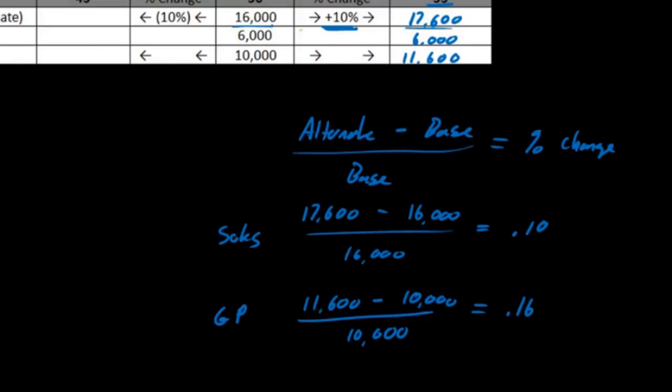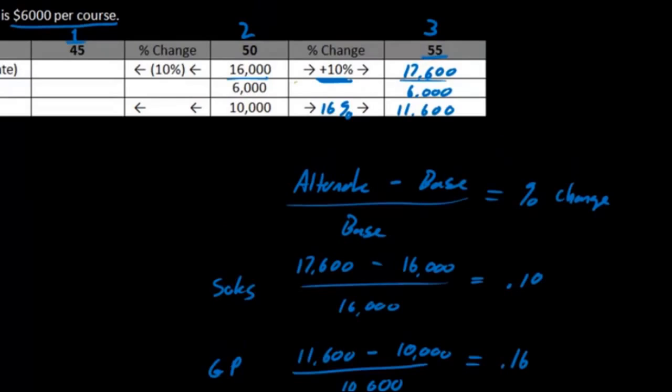We get 0.16, and so that's a 16% increase. So notice that a 10% increase in sales led to a 16% increase in gross profit, and that's pretty cool. We only had to increase our sales 10% to get a 16% increase in gross profit.